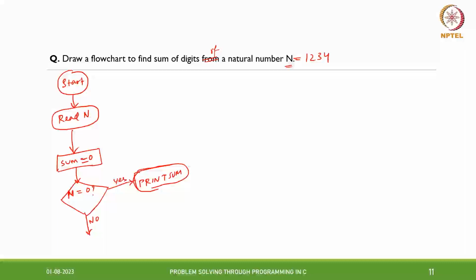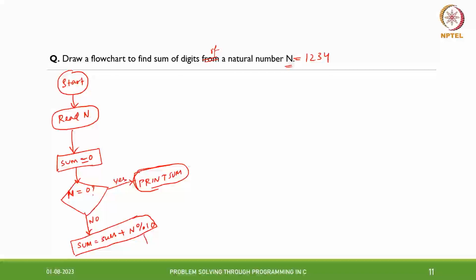The first thing that we do is calculate sum equals sum plus n percentage 10. So n percentage 10 gives us the last digit, which will be the remainder when we divide it by 10. So we do this.